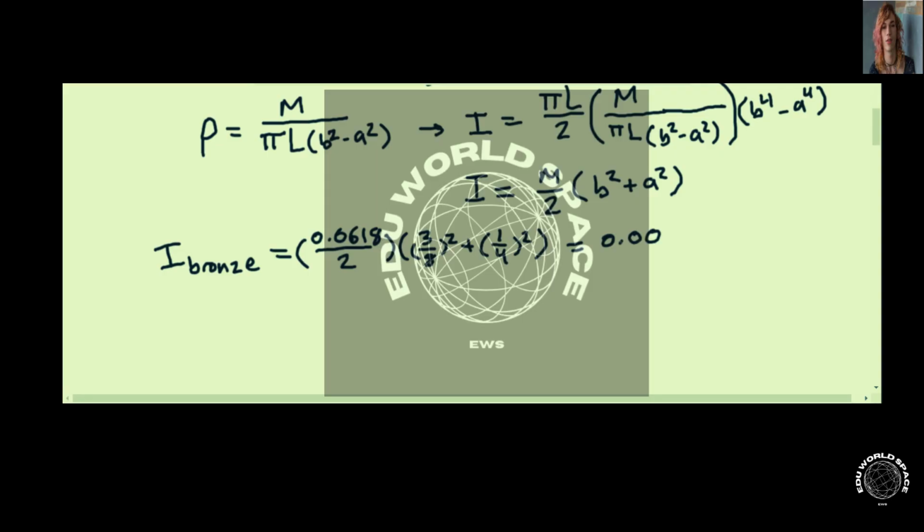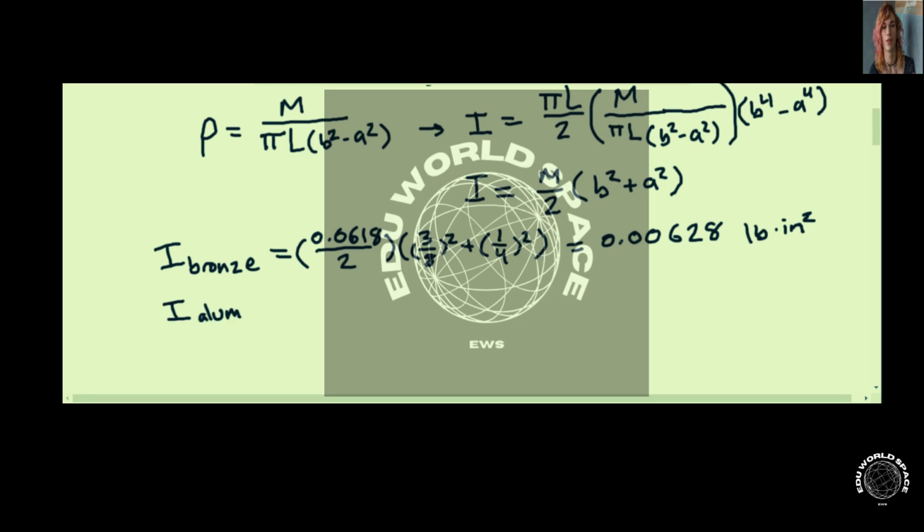The moment of inertia of the bronze piece is 0.00628 pounds inches squared. Since everything is measured in inches and pounds, the moments of inertia are given in pounds inches squared.